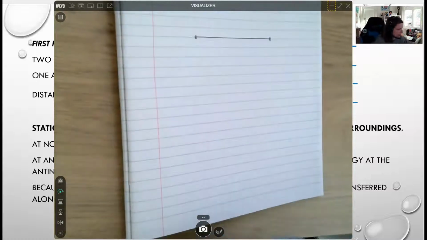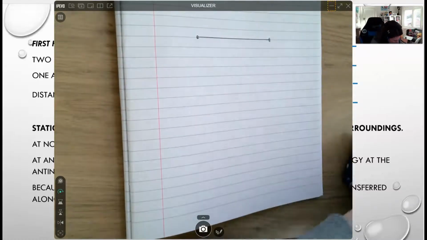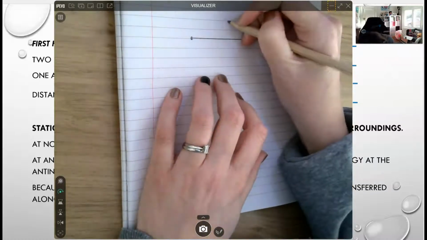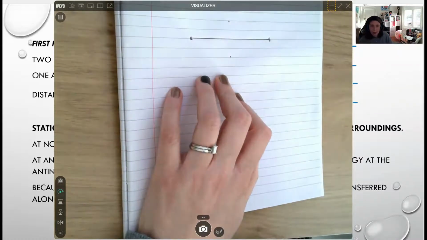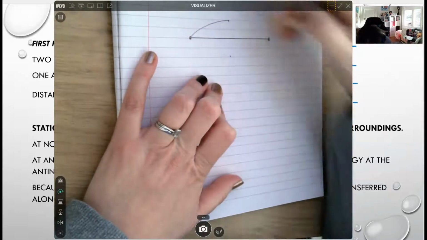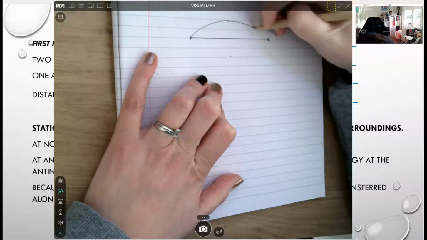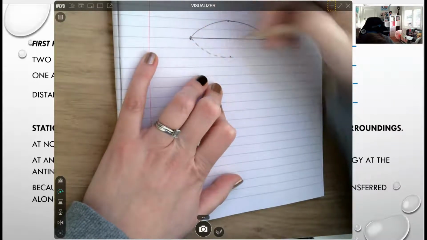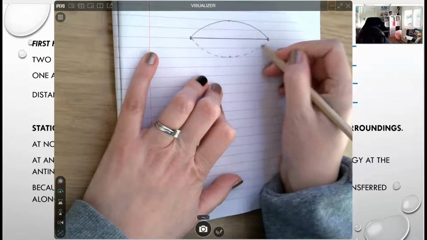I'm actually going to get a pencil because that will be better. Okay, let me just plot my points. There we go. That's going to be better. So I'm going to draw a wave here, up, and then back down, and then the other side. Usually you draw the other side with a dotted line here.